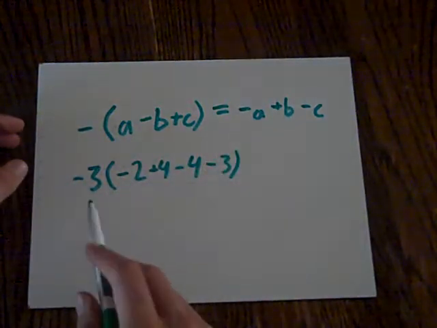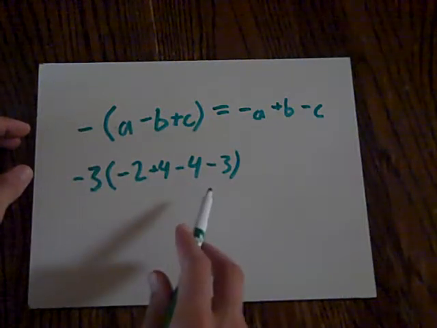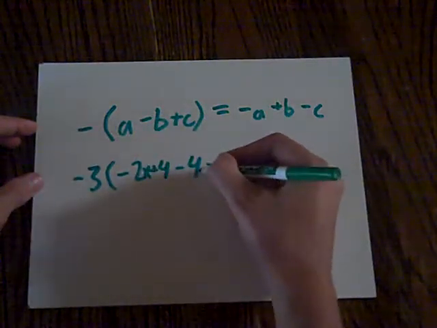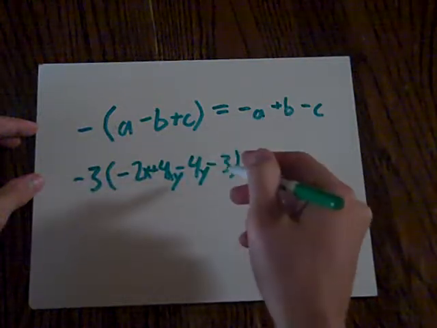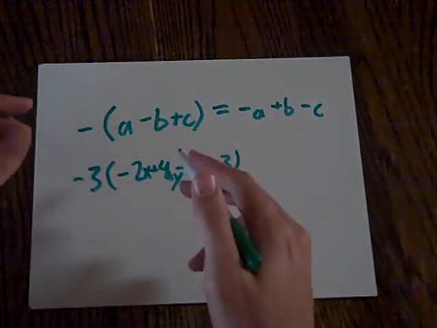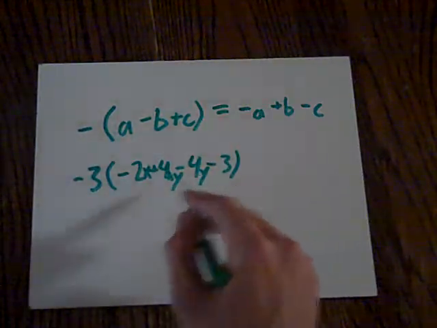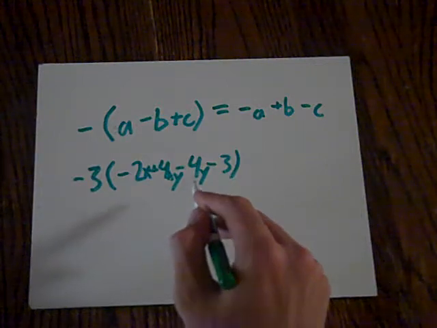Okay, so basically we've got a whole bunch of numbers and how to work it out. So we're going to make this negative 2x, make this negative 4y, xy, and this negative 3, because that way we won't be able to add these together since there are no like terms. So yeah, let's get right to work.